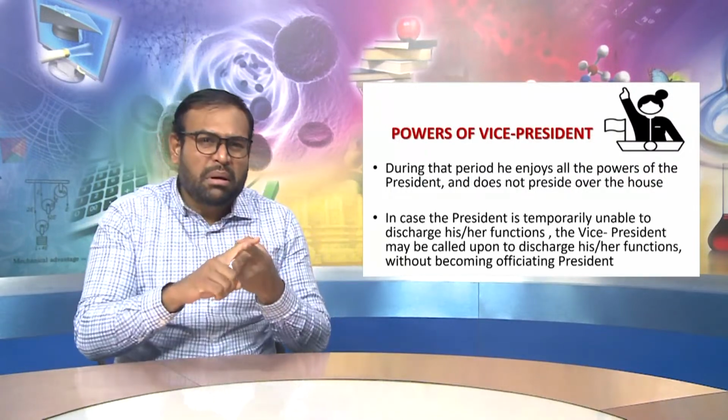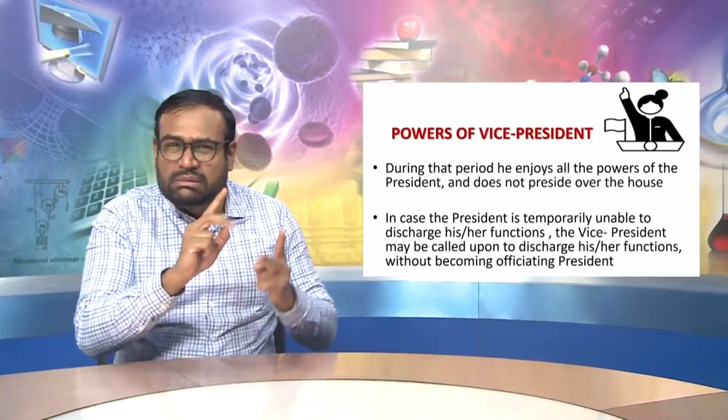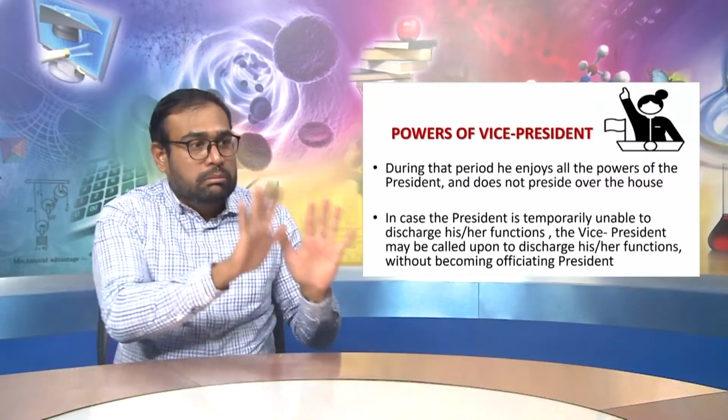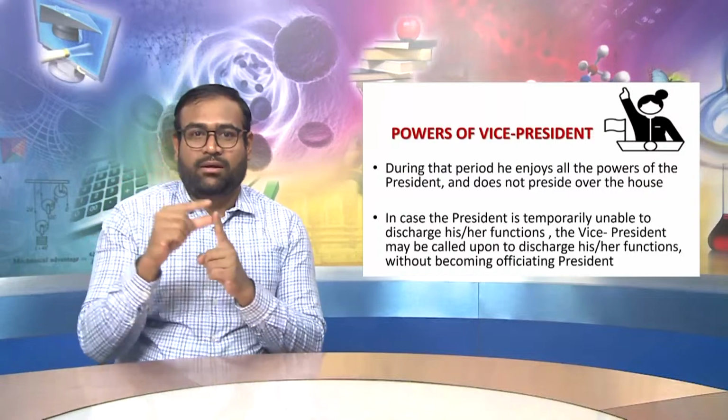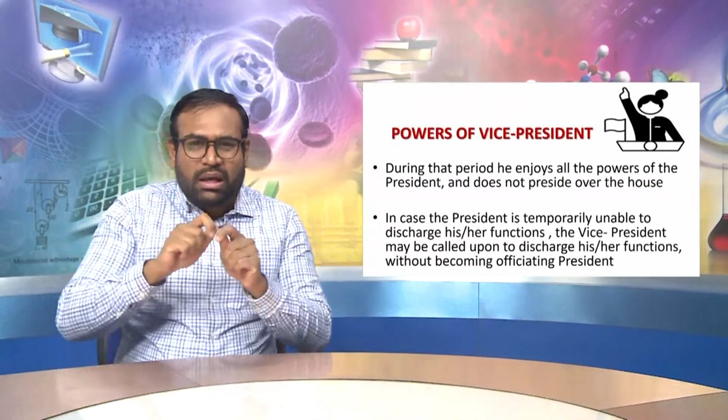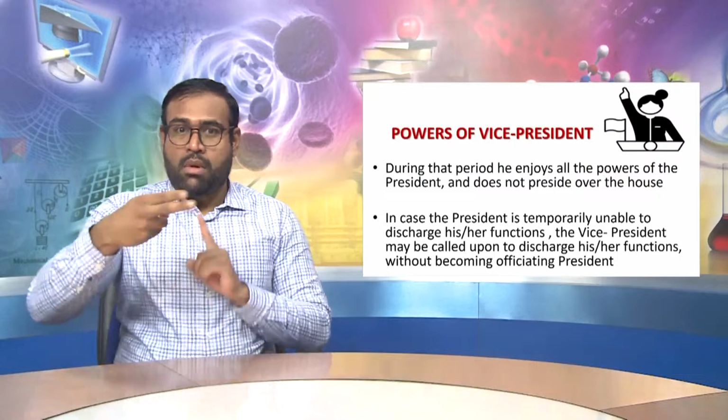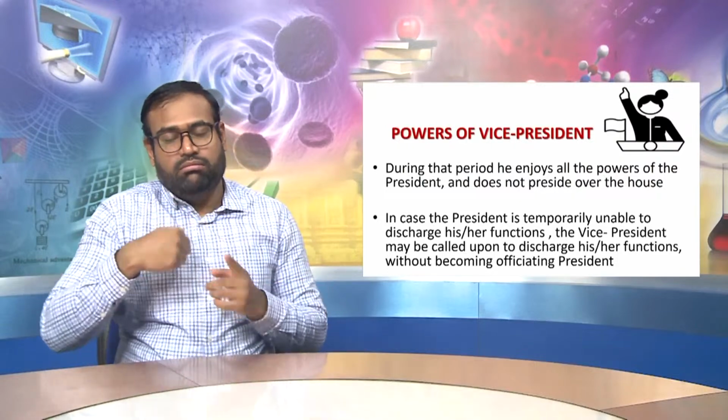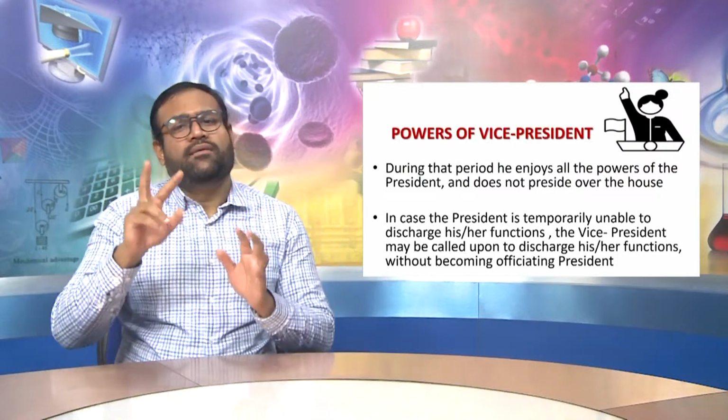In case the President is temporarily unable to discharge his or her functions, the Vice President may be called upon to discharge his or her functions without becoming officiating President.